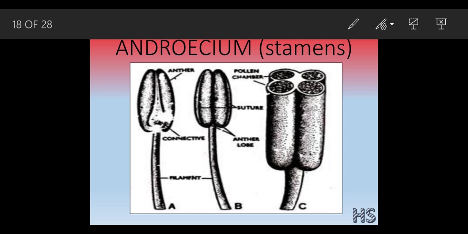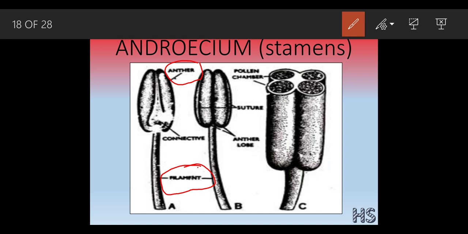See, if you look at this part, this stick kind of part is called the filament. And the part above it is called the anther. These are the two important parts of the androecium, that is the filament, and above the filament, the bilobed anther.